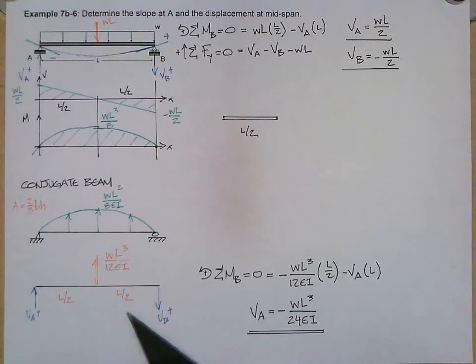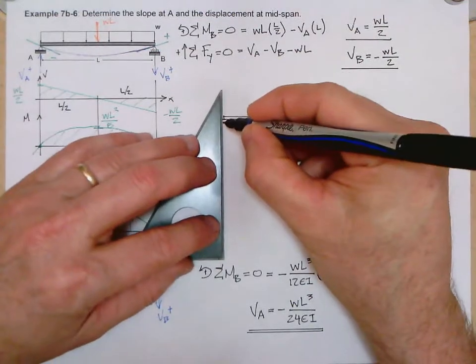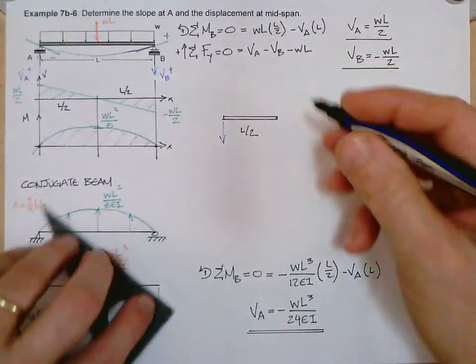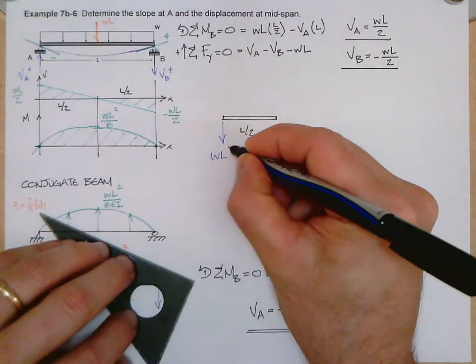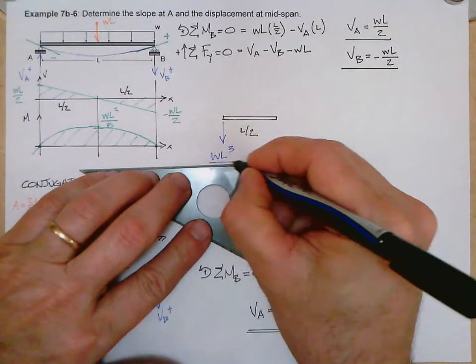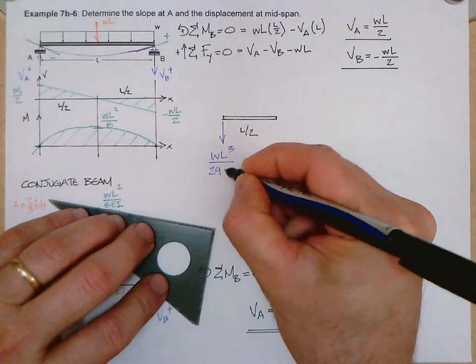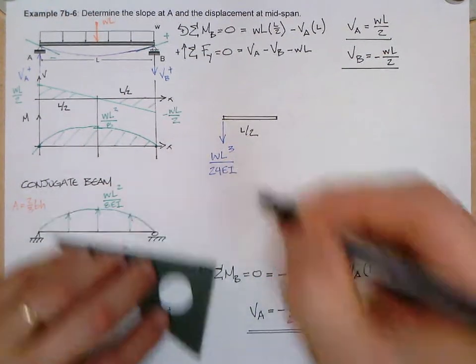I'm going to go ahead and include my shear at A, which I just computed, and that's going to be acting down because it's negative. So this will be WL cubed over 24EI.